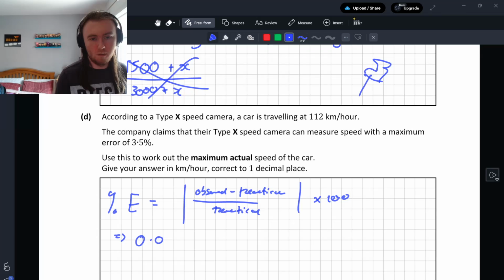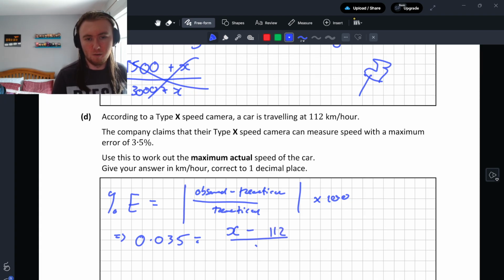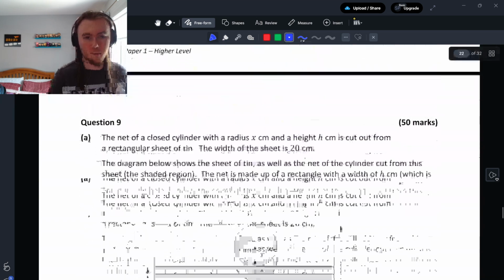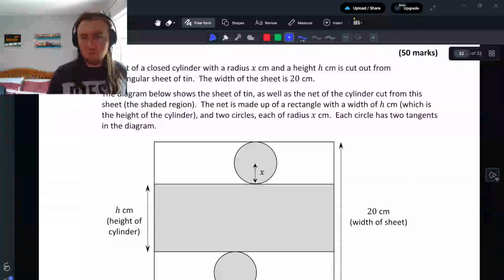So 0.035 is, because it's positive, I'm just going to let the speed be X minus 112 over 112. It's, to one decimal place, 115.9 kilometers an hour. Okay. Let's move swiftly on from that one.